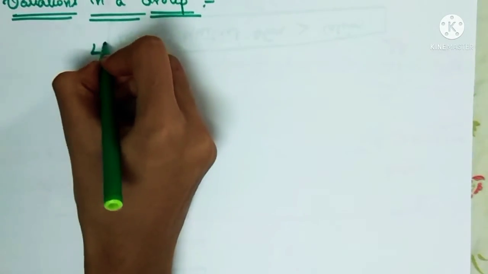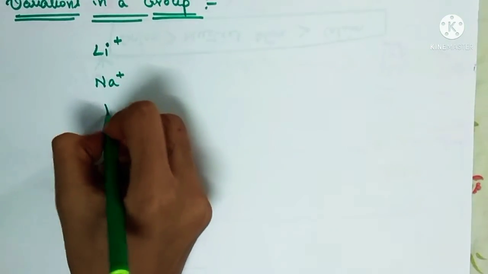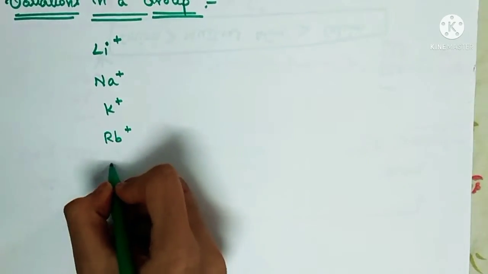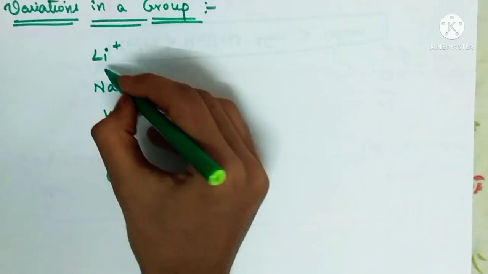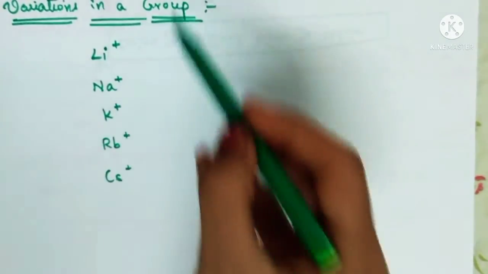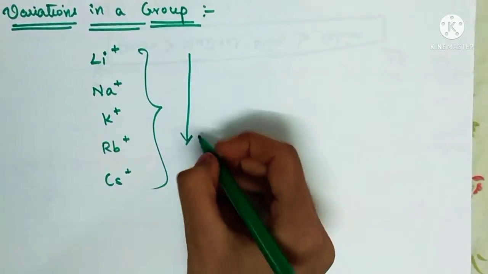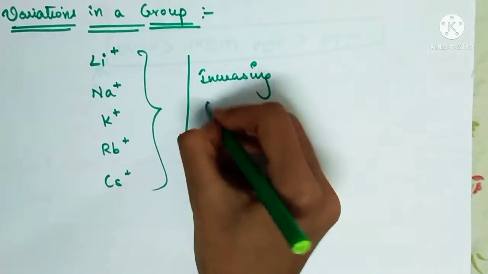So the ionic radius increases, like lithium plus, Na plus, K plus, and rubidium, cesium. So as we move down the group, the ionic radius also increases.